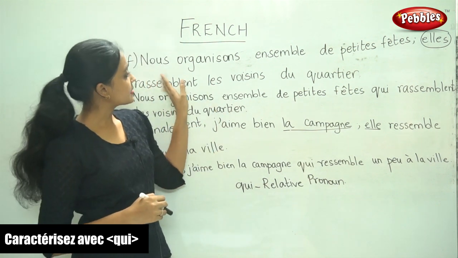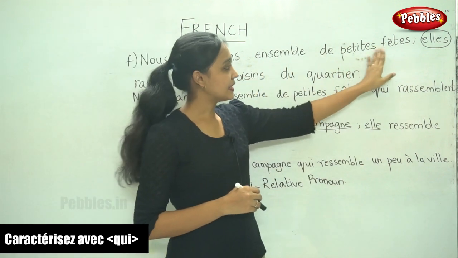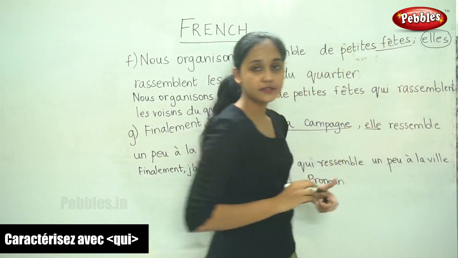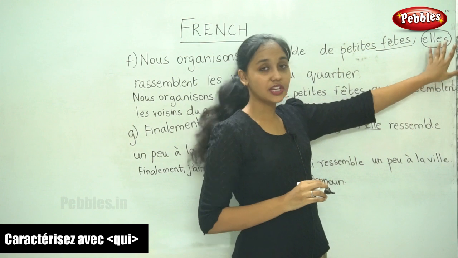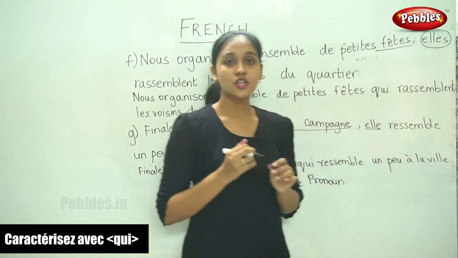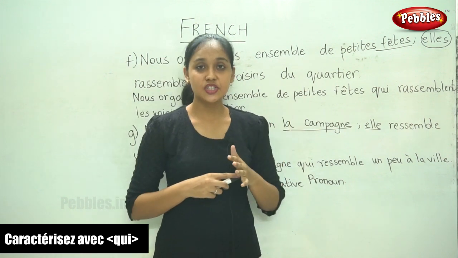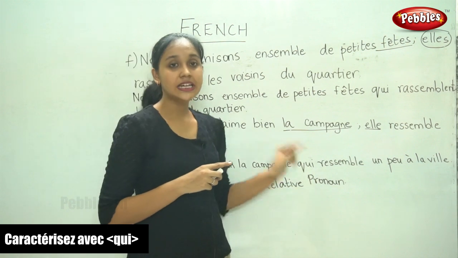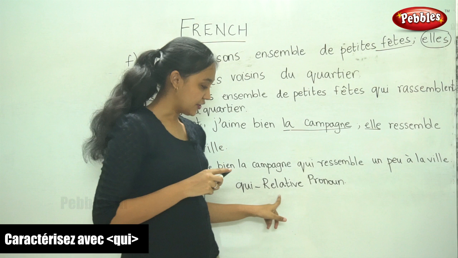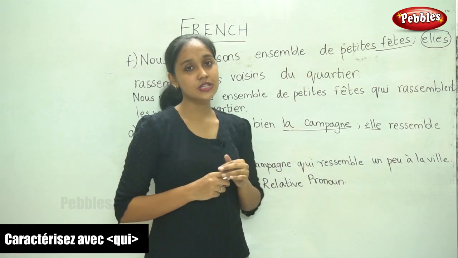In this sentence, nous organisons ensemble de petites fêtes. Now the noun here is fête. And the next subject is elle, which also represents fête. So again there is a repetition. So when there is a repetition, we use a pronoun. In this case, we use the pronoun qui, a relative pronoun, because it relates these two sentences.